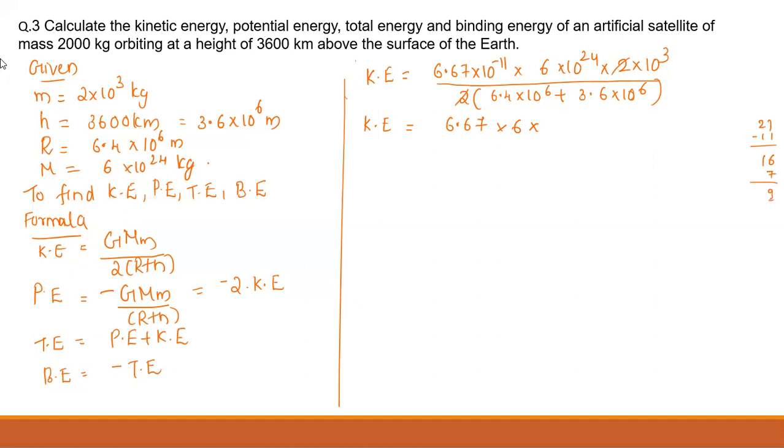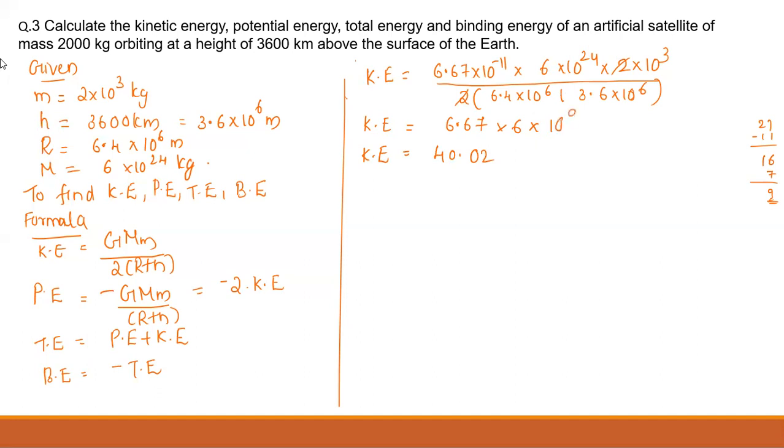So 6.67 into 6 is 40.02. The power of 10 is 9, sorry, I wrote 7 here; this is 10 raised to 9.